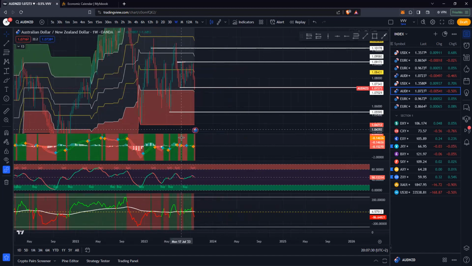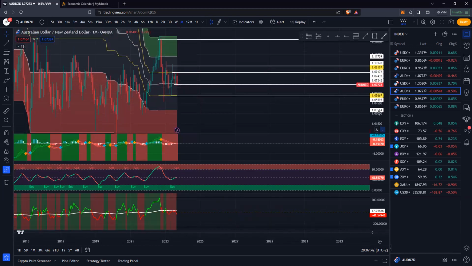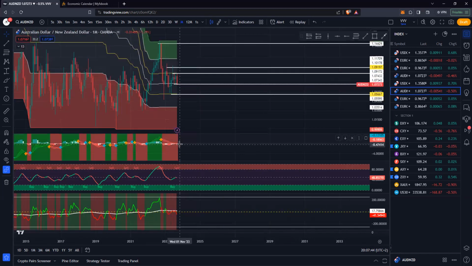And on weekly, there is just something started, like we got the sell signal and everything turned into red. And on the monthly basis, something similar to what we could see with the gold, actually.